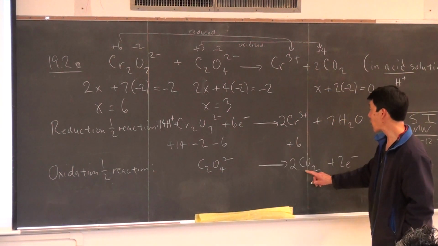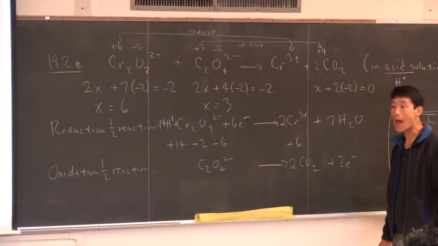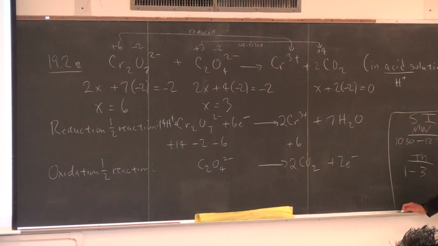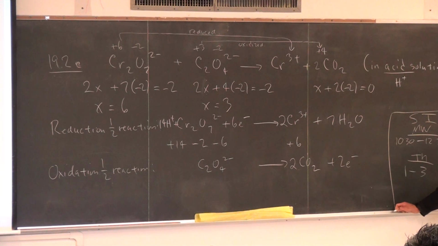We only had 1 in CO2, so to balance that, we have to put 2. That's the conservation of mass. Okay, so this is balanced. It is the reverse of the reduction reaction shown in table 19.1. Okay, so did we balance it right here?